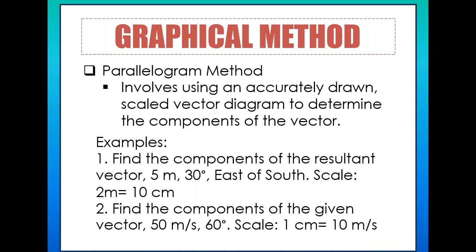Now for number two, same procedure. We have to look for the components of the given vector, which is 15 meters per second, 60 degrees, and the scale that we have to apply is 1 centimeter is equal to 10 meters per second.